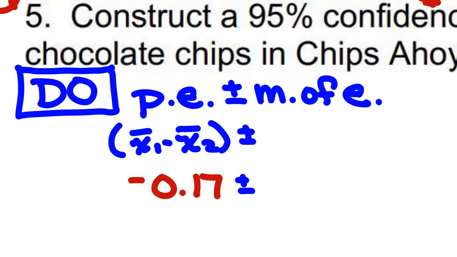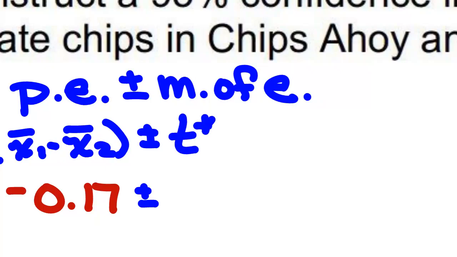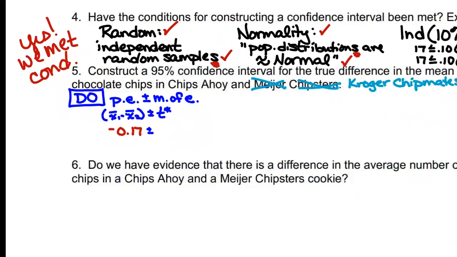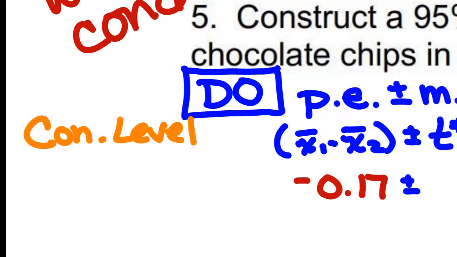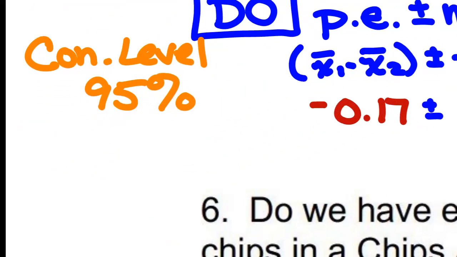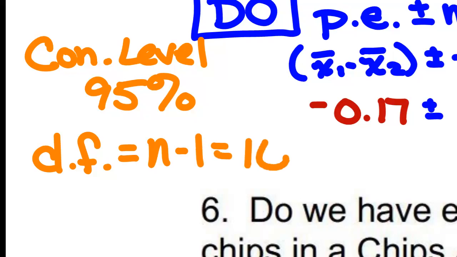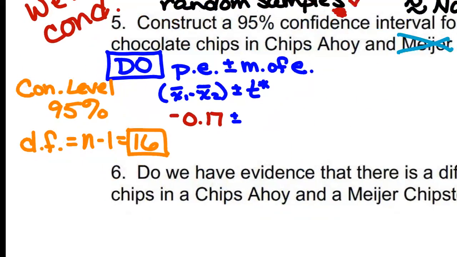Plus or minus margin of error, we need a t star. What confidence level should we use? 95%. And degrees of freedom would be what? 17 minus 1, so 16 degrees of freedom.